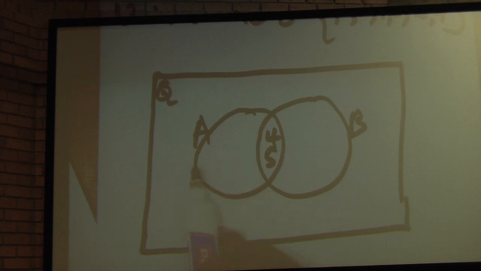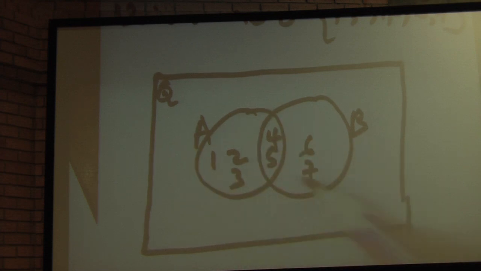What is left outside A is 1, 2, and 3. And what is left outside the intersection in B is 6 and 7. But there are also elements in the universal set that are not covered there, which would be outside the sets A and B, and this would be 9.